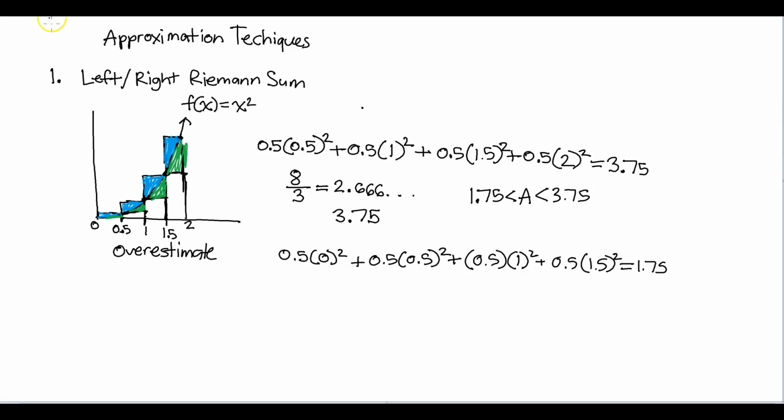So there's another approximation technique that you can use, a little more accurate. It's called a midpoint sum, or midpoint Riemann sum. So for the midpoint sum, we're going to draw x squared again, drawing the rectangles to be a little more accurate.